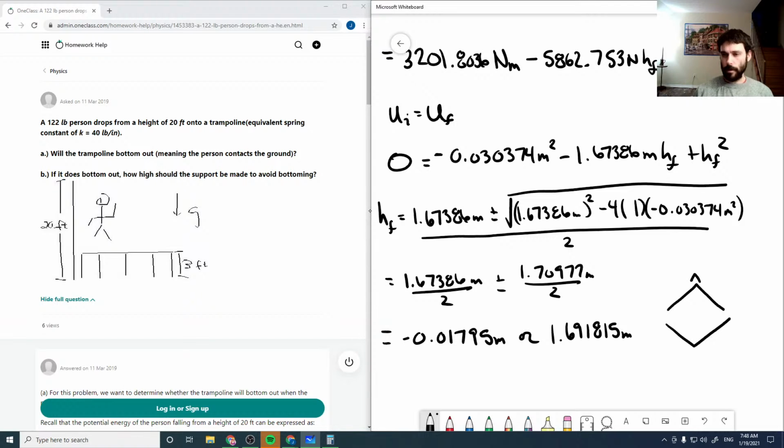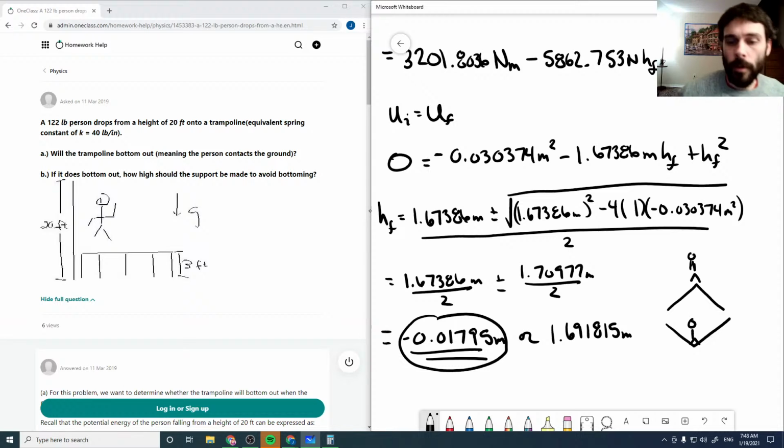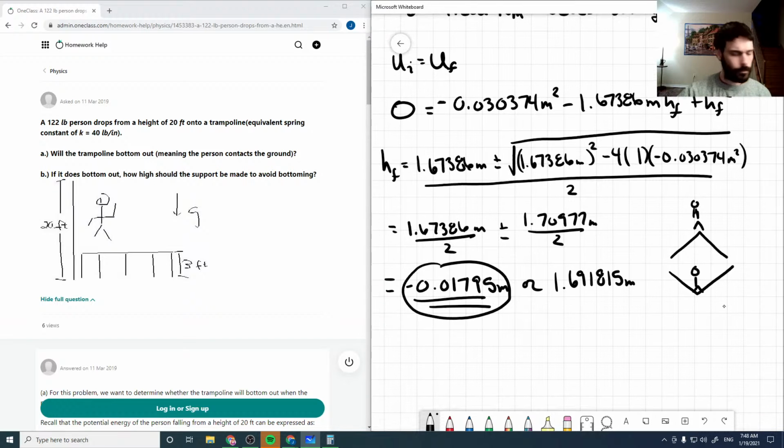So the top solution doesn't make any sense because there's no way it's going to balance up. So only the bottom solution makes any sense. So it would be this value, which is negative. And so it asks, will it bottom out? And it will. So we've gone past the ground here.